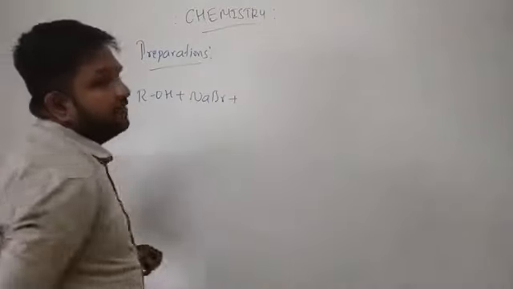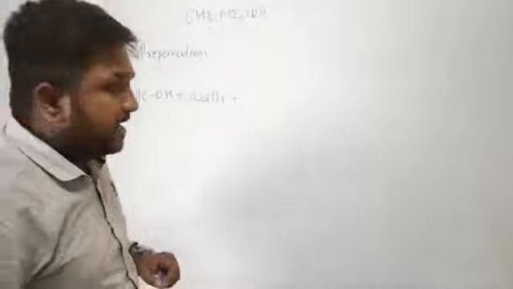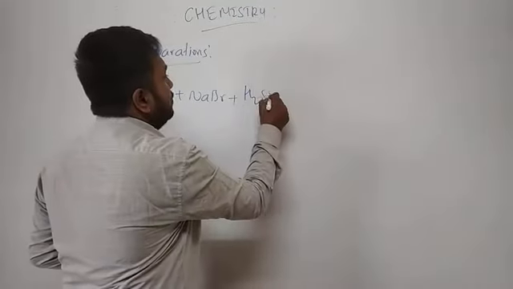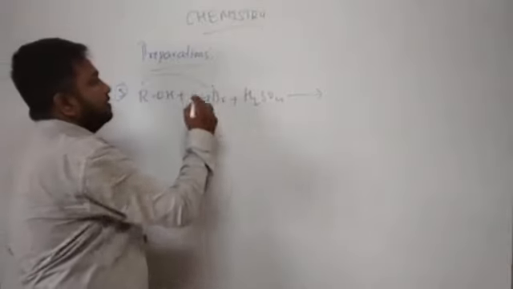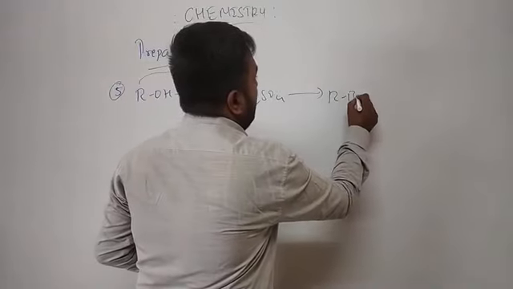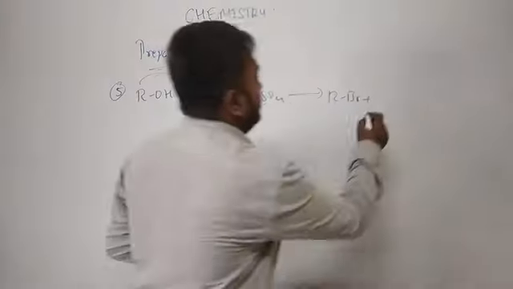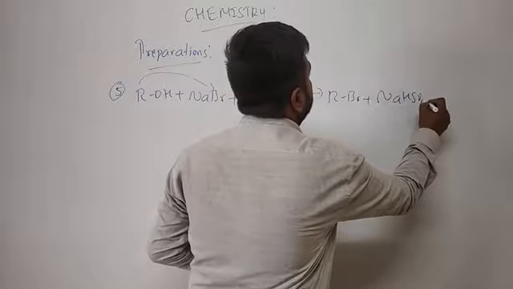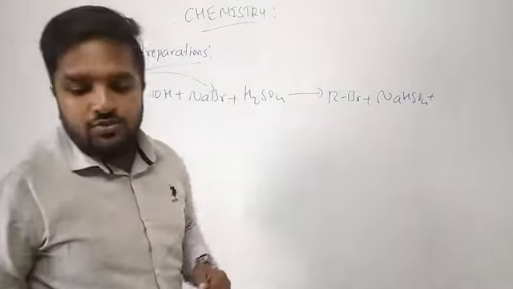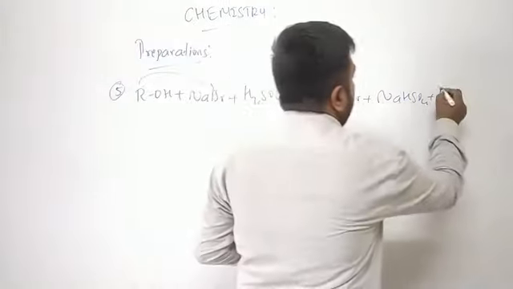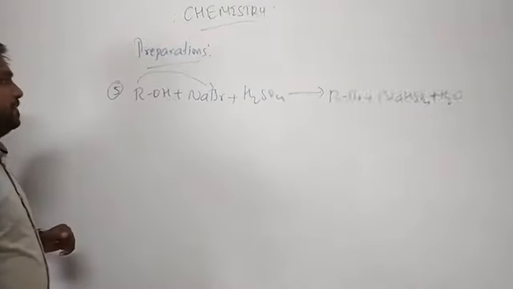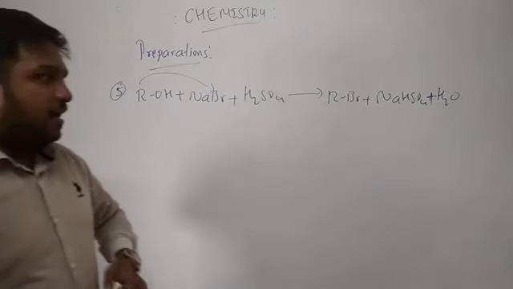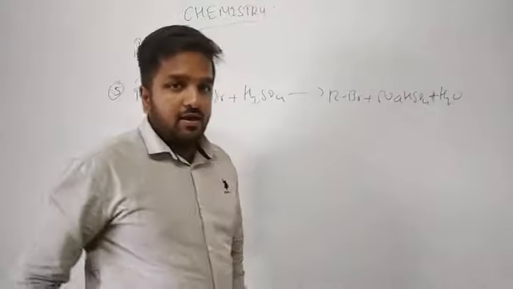When it is treated with sodium bromide, NaBr, and sulfuric acid, it forms RBr, that is an alkyl halide, and it forms sodium hydrogen sulfate, also known as sodium bisulfate, with the liberation of water.